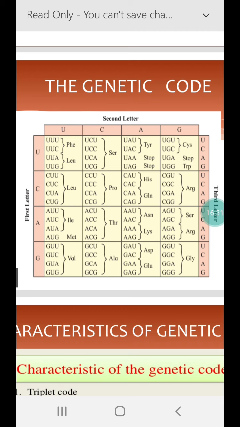Then again there are a few more amino acids. So in all there are 20 amino acids which can be coded in this manner.